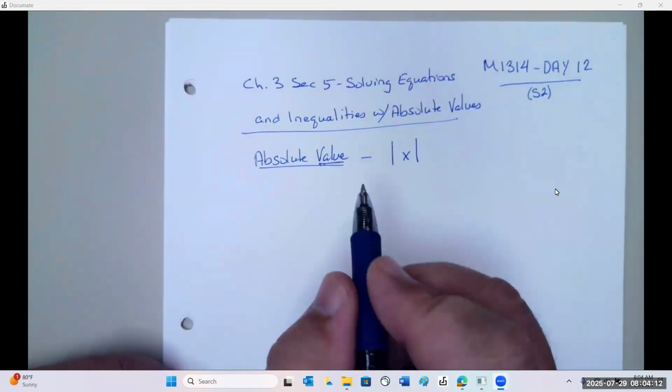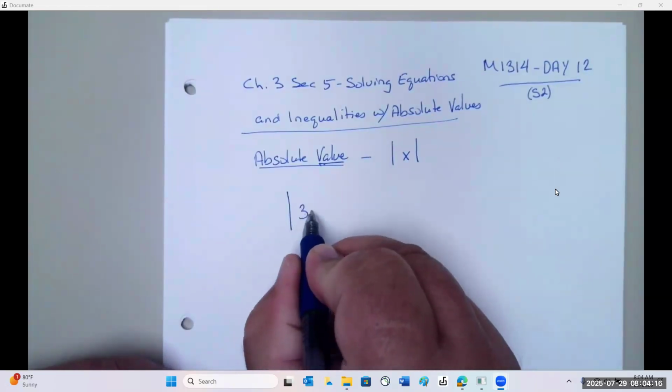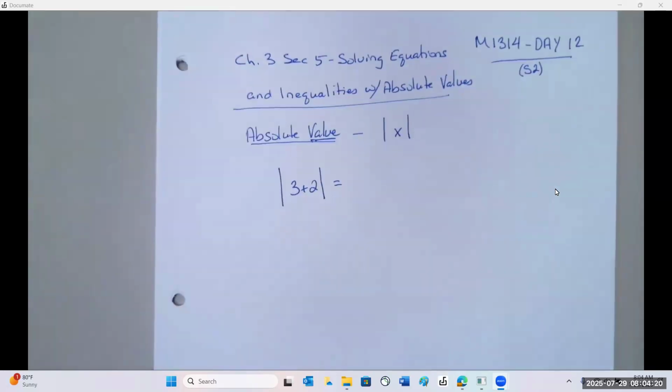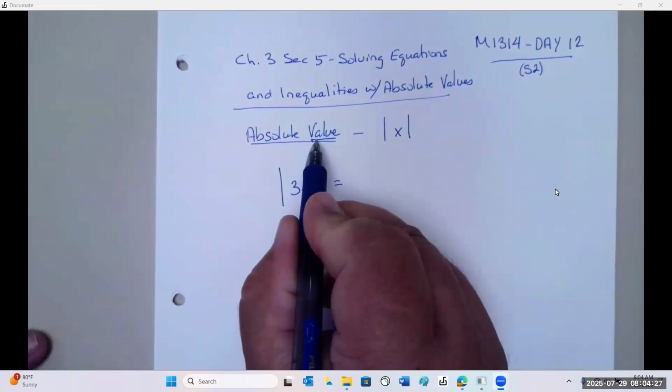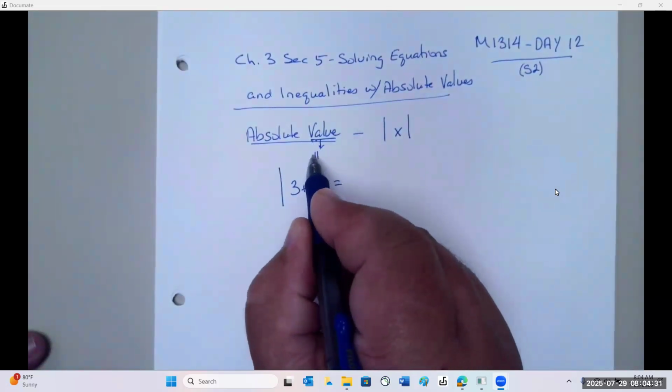It's a value. So if I gave you that, what would you have to do first? You have to simplify it because it has to become a value. What is a value? A value is one number.